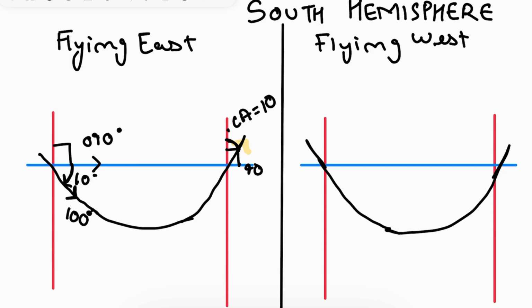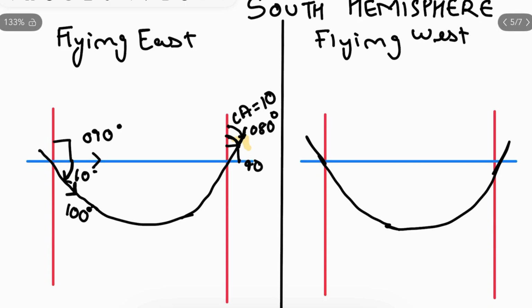So this whole angle is going to be 080 degrees. So the great circle is going to decrease. So if you are flying in the south hemisphere on an easterly track, the great circle decreases.